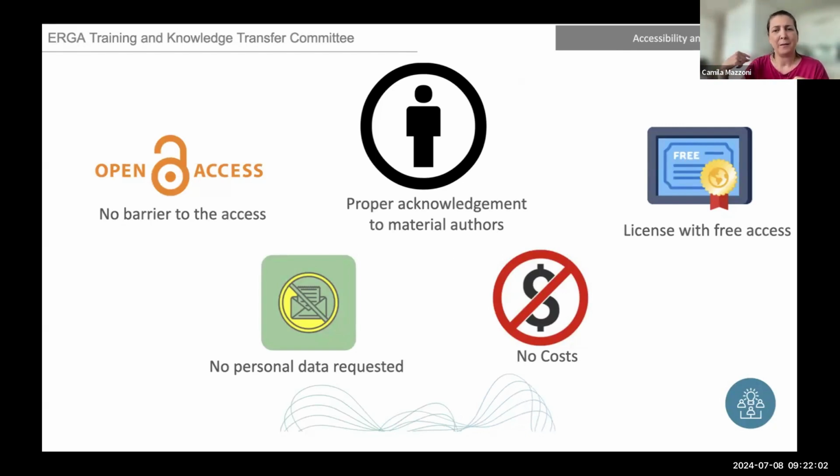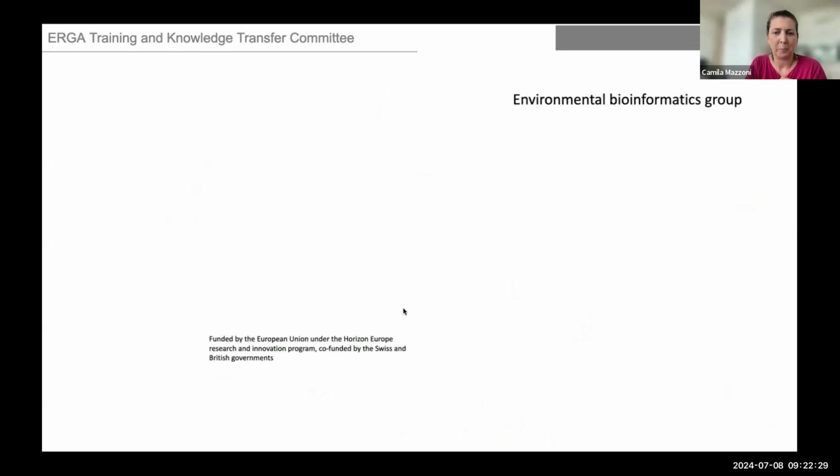So if there are slides that are using material from others, that they are properly cited. The license that people are going to provide should say that this is free access, that there are no costs involved, and there should be no personal data being collected by the website that is giving access to the material. So these are the current requirements for the contributions.